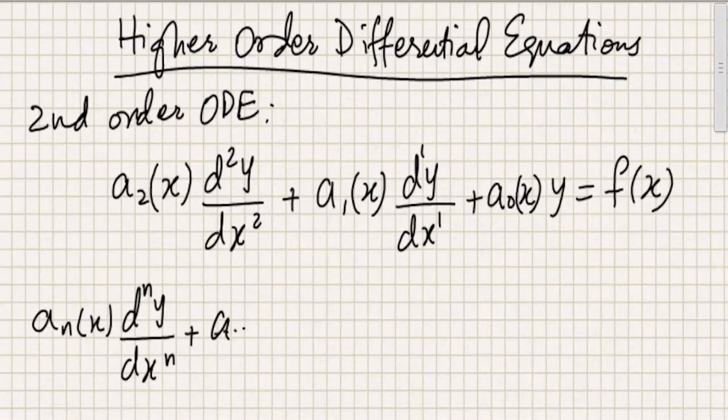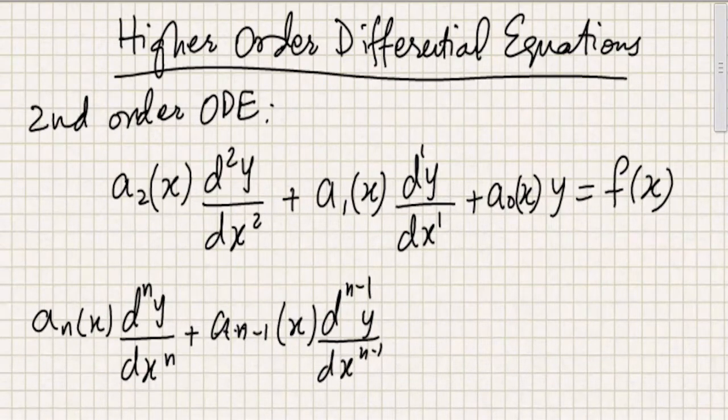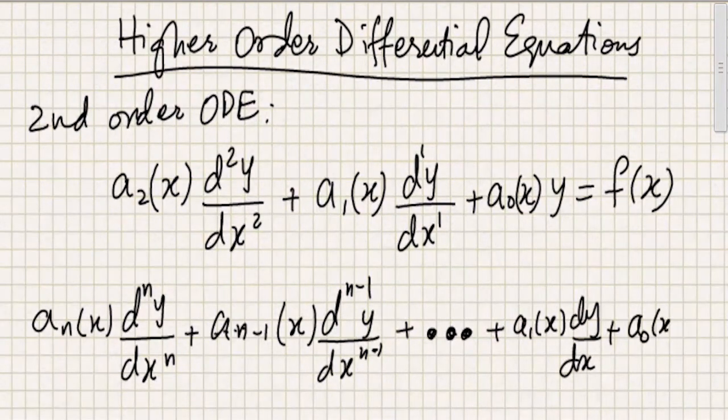So actually let me write over here an minus 1 of x, this will be a function of x again, d n minus 1 y divided by dx n minus 1, the n minus 1th order derivative, plus so on up to a1 of x dy by dx plus a0 of x y equal to f of x.